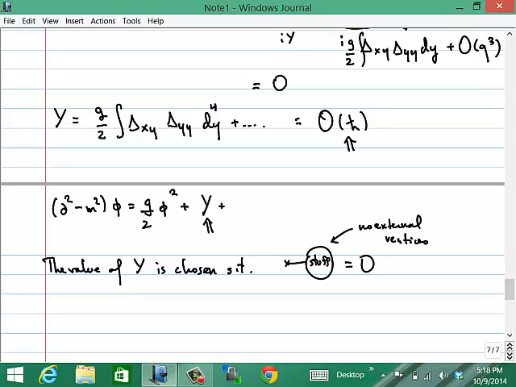So even without computing it, you know that this diagram is equal to 0. Good. I didn't want to compute that diagram anyway.